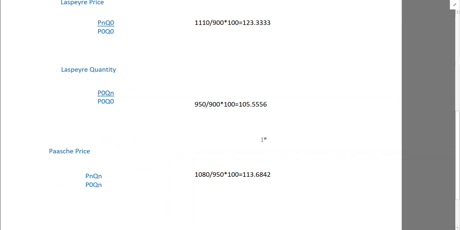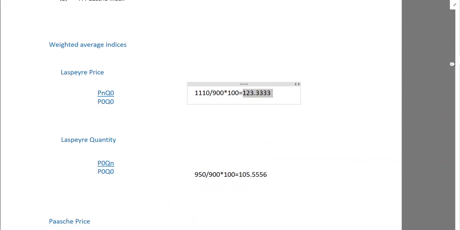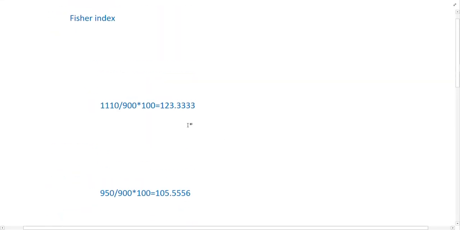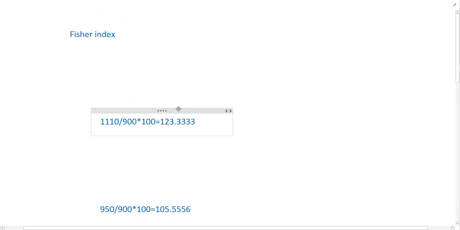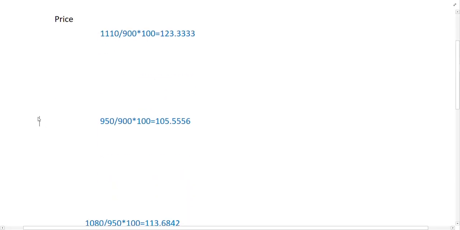Like I will take the price index. I've already copied it here as well. So this is the same figure I've done previously. So this is the Laspeyres price, and this is the quantity.